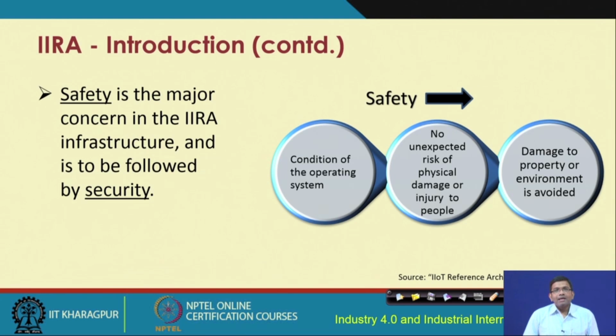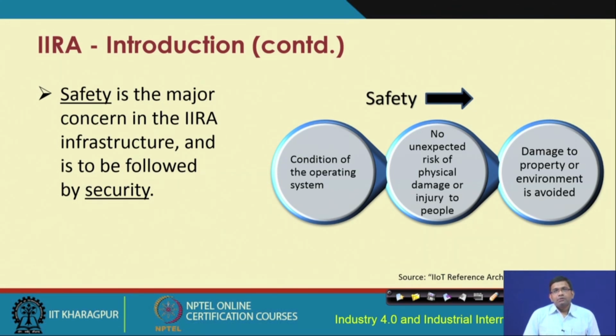After safety is the issue of security: security of information, security of data, security of the systems, and so on. So, safety and security are paramount and central thematic considerations while coming up with the IIRA architecture for use with IIoT industrial applications.